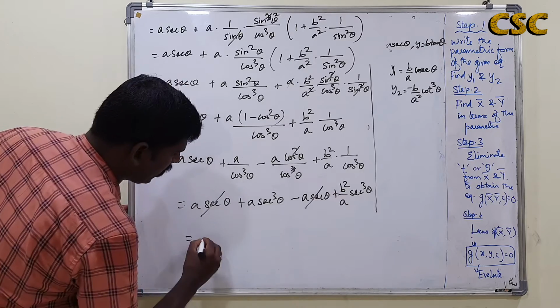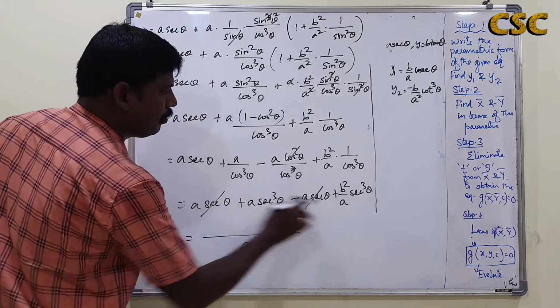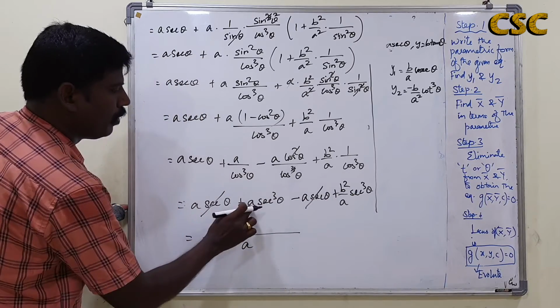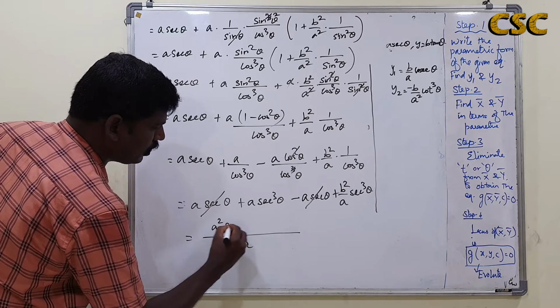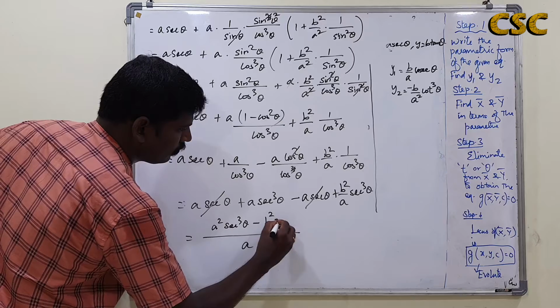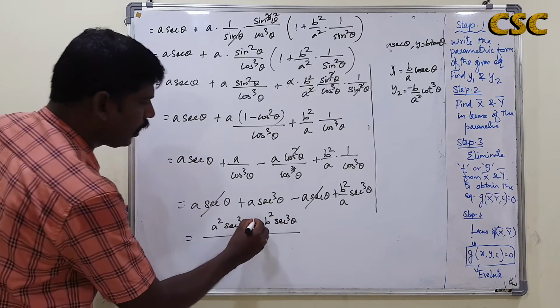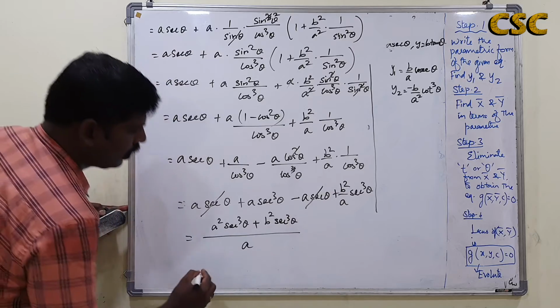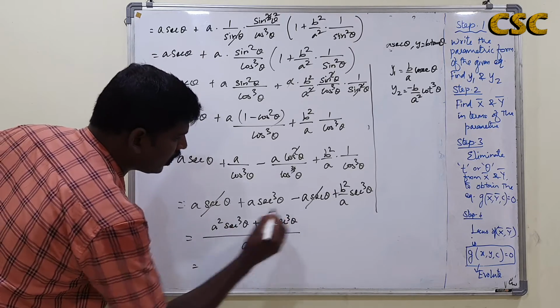So I am going to take LCM in the denominator. So what is LCM? A is the LCM between these two terms. So multiply this with a. So a square secant cube theta plus b square secant cube theta. Right here, I can take secant cube theta as common.